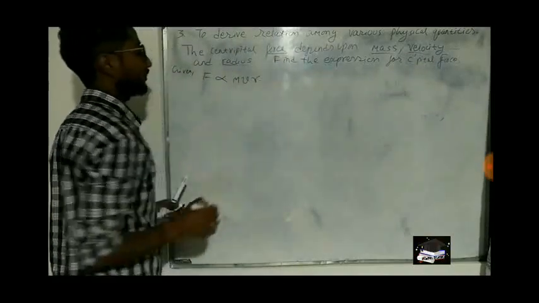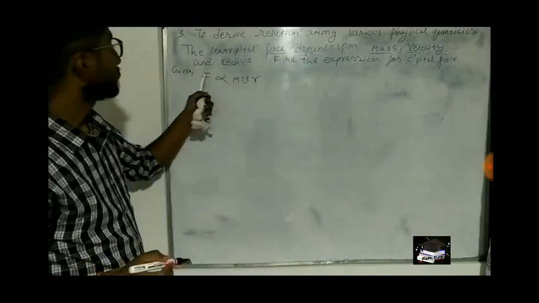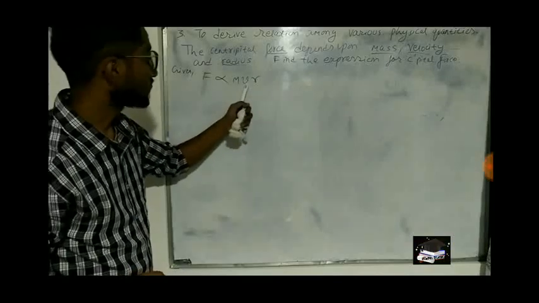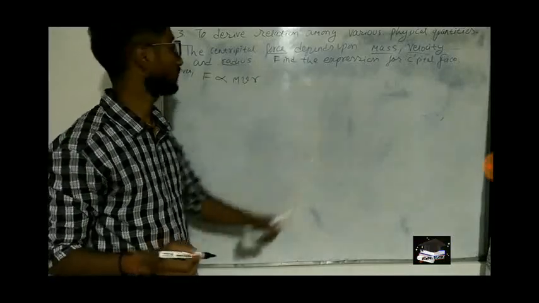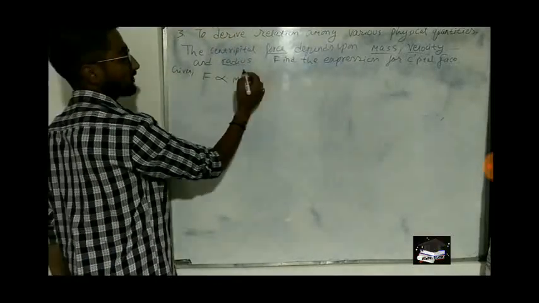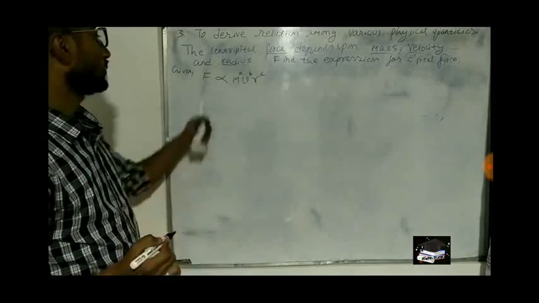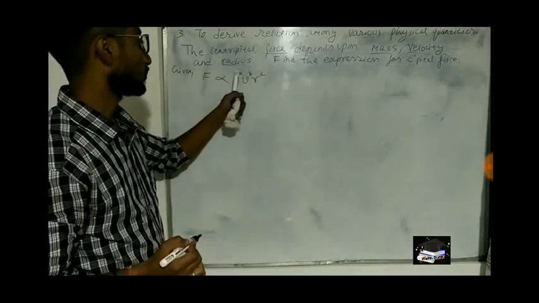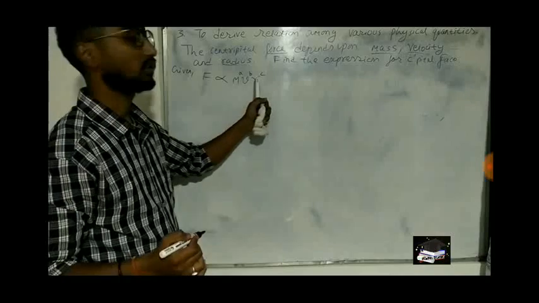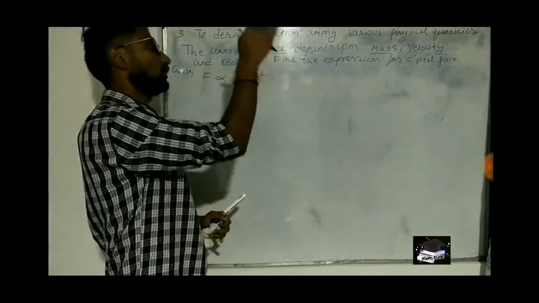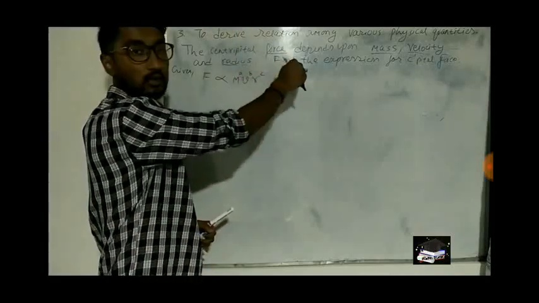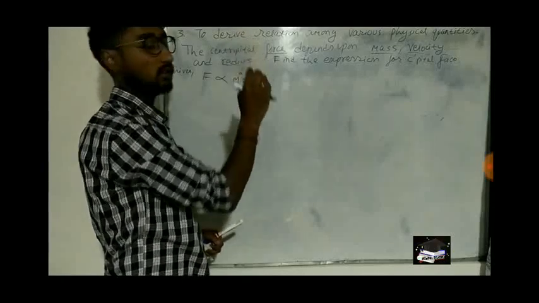According to the question, force depends upon mass, velocity and radius. We have to find its expression. So let us write A, B and C out here. Force is proportional to mass to the power A, velocity to the power B and radius to the power C. This we have to do in every problem of this kind. We have to write A, B and C.